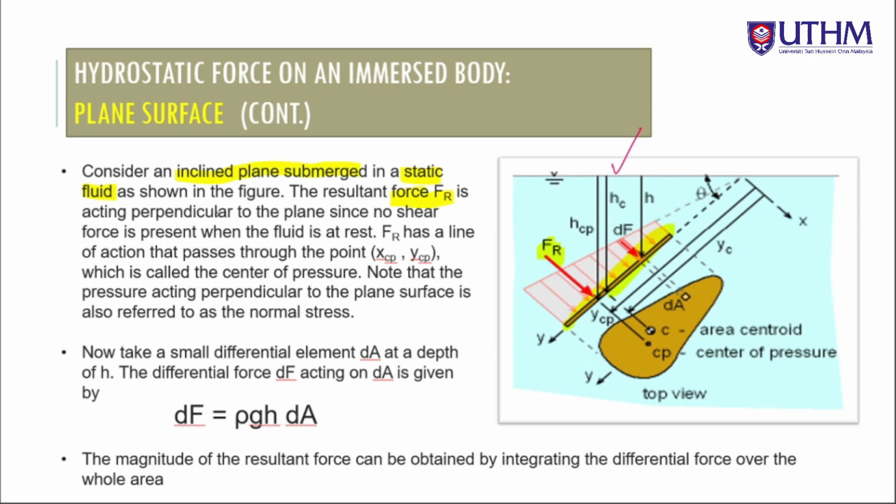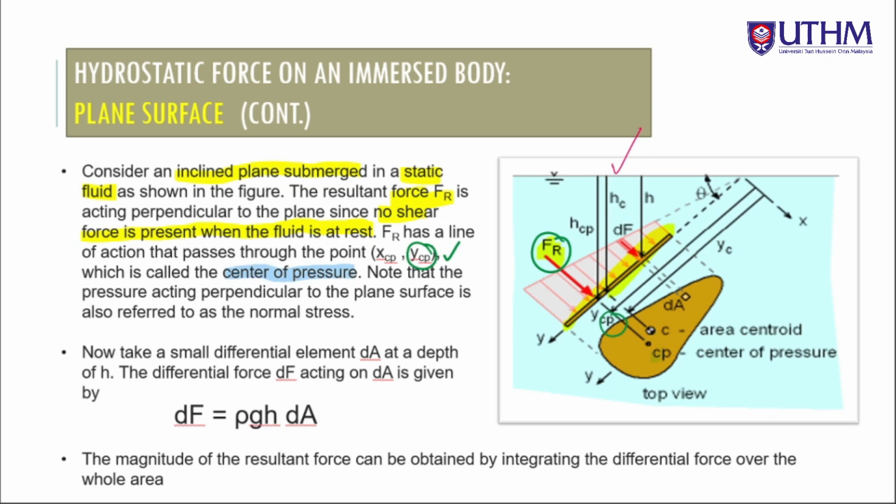is acting perpendicular to the plane, since no shear force is present because the fluid is at rest and the fluid is static. So Fr has a line of action that passes through a point. Kalau kita tengok macam saya cakap tadi, Fr dia akan potong dekat point yang ada CP. Kalau kat sini selalu yang penting YCP lah. Dia X and Y coordinate, tapi usually kita consider YCP which is called the center of pressure yang kita cakap tadi.